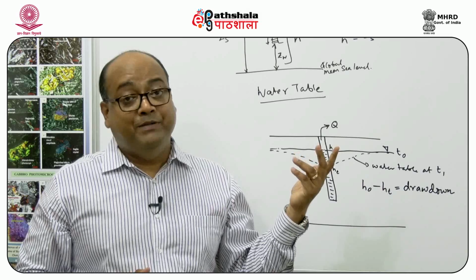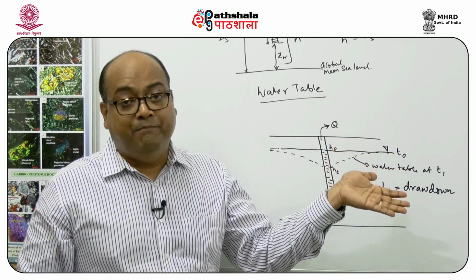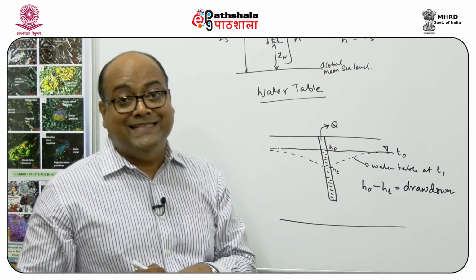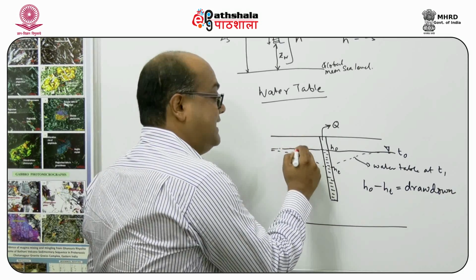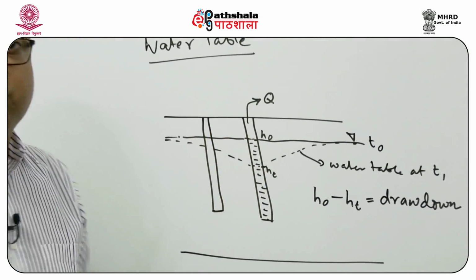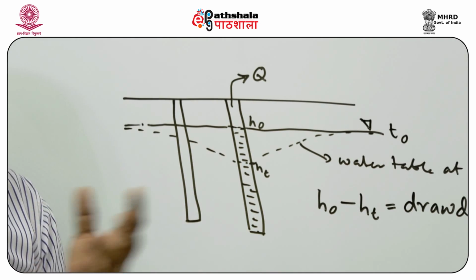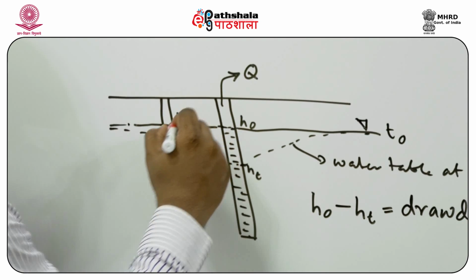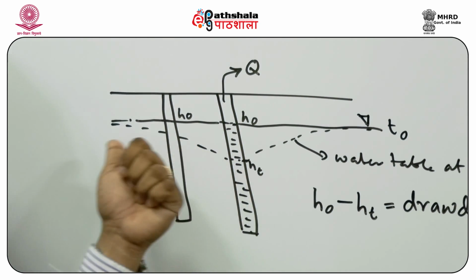Now sometimes the well from which pumping is taking place is different from the well where people are measuring. So if, for example, I put another well here, where I am not pumping the water but only measuring the water table, I will see that before pumping the water level was at H0, but it is somewhat away from the pumping well.